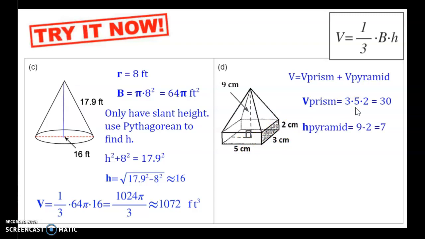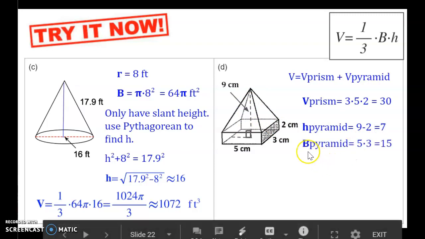To figure out the volume of the pyramid, we first need to figure out the height of the pyramid. We're given that total height from the base to the tip of the pyramid is 9 centimeters. And we know the prism takes up 2 centimeters of this. So we know that the pyramid's height is 7 centimeters.